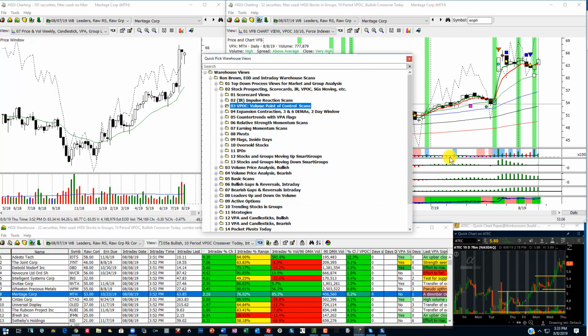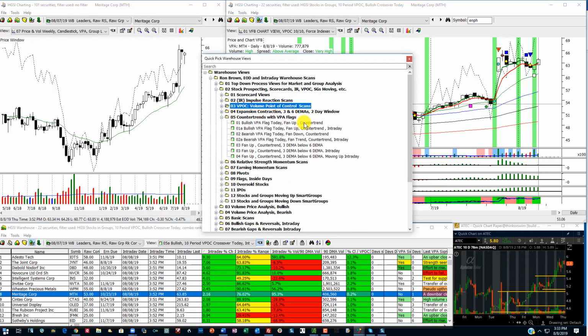Notice everything that I talk about, it's all based upon price and volume, support and resistance. I don't even look at the other indicators anymore. These histograms are based upon price. The VPA are based upon price and volume. The VPOC is based upon price and volume also. Now you can look at any of these.